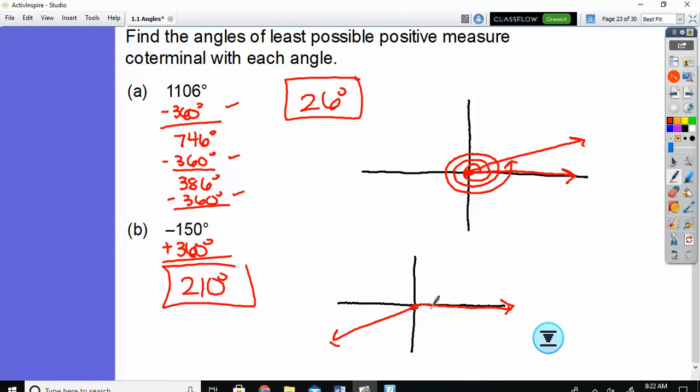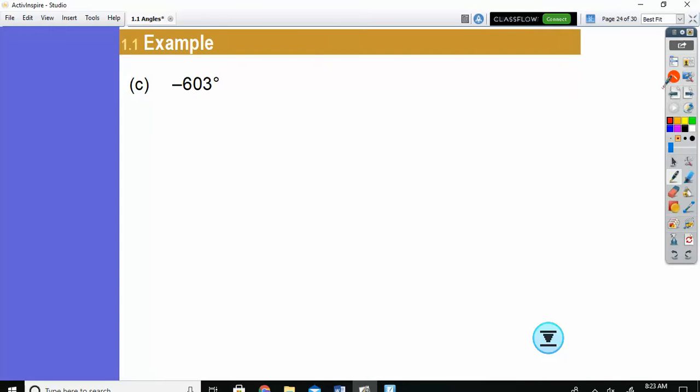Because this was originally a negative, which direction was it spinning? Below. So that would be like a negative 150.